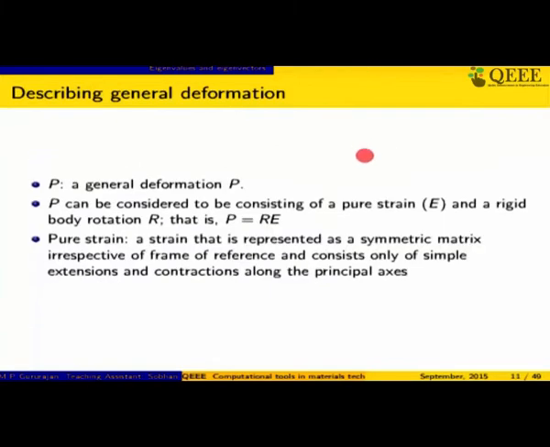So how do we do this? Let us consider the description of a general deformation. What is a general deformation? A general deformation is one which consists of both strain and rotation. That is, when you take a body and try to produce deformation on it, you might also end up rotating it. Let us take a look at it. What do I mean by this?